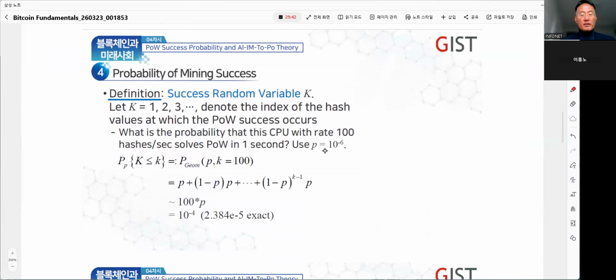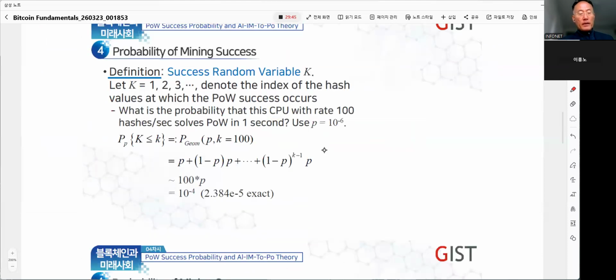And then the success random variable, if we have a probability of k smaller than or equal to k, then this becomes a geometric distribution. Success the first time, success the second time, success the third.